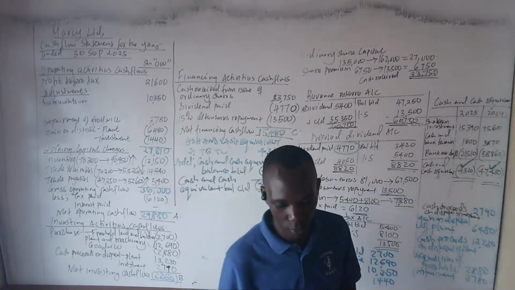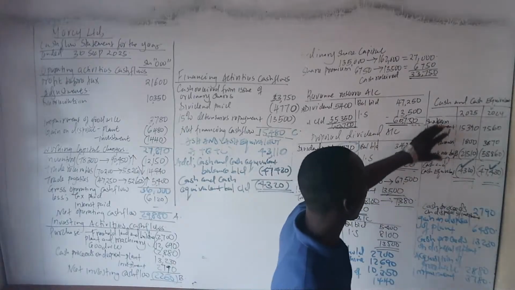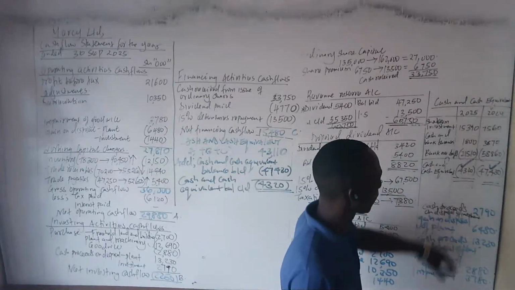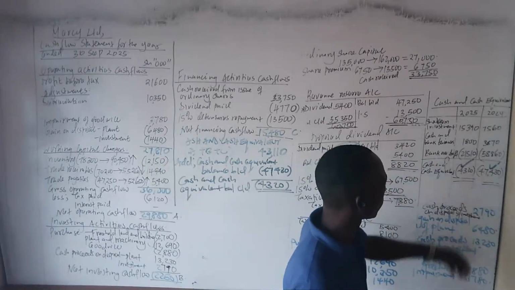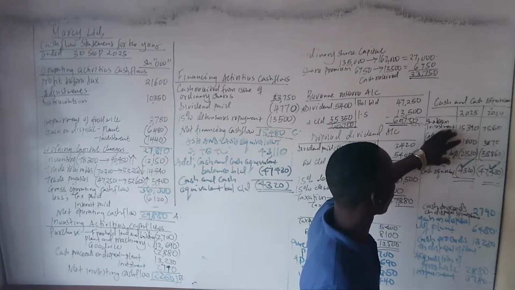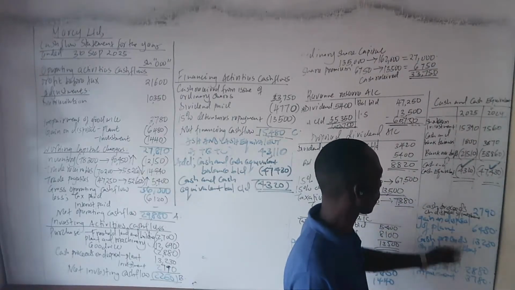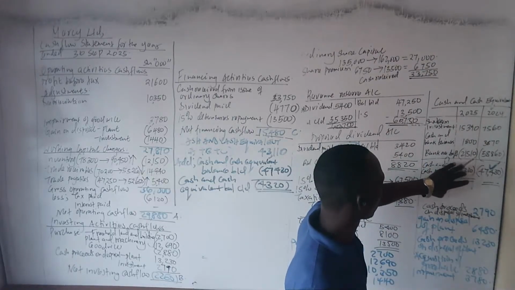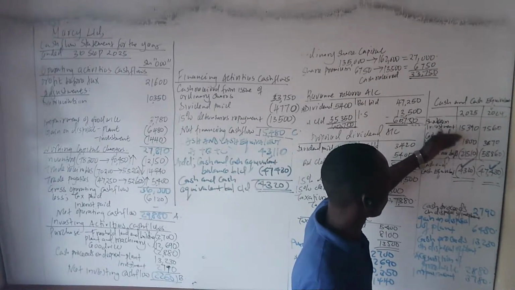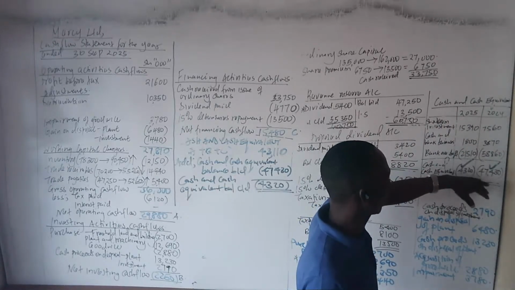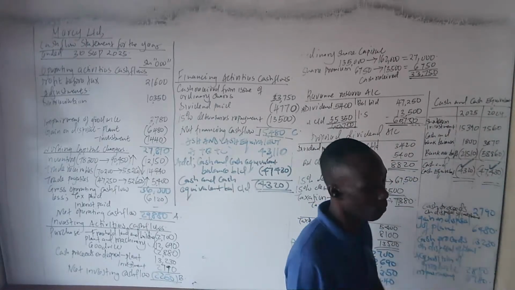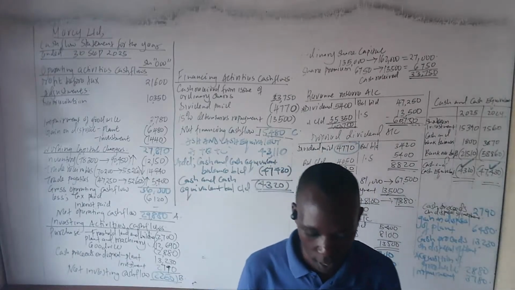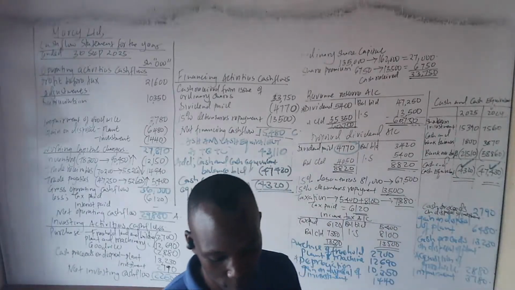So that's how you get it. You just add them. Remember, the bank overdraft is a liability, and these ones are assets. Therefore, the net output can be either positive or negative. In this case, for both years, we are getting a negative, and that is a bank overdraft.